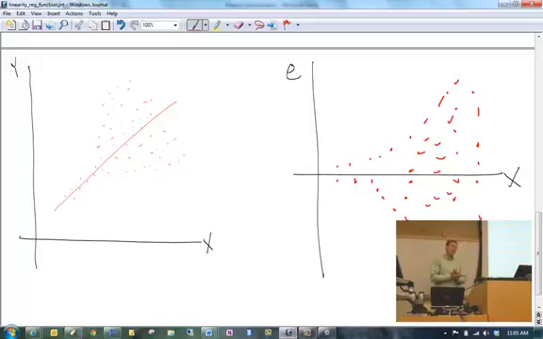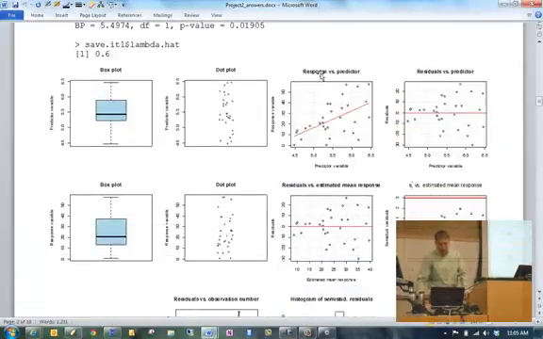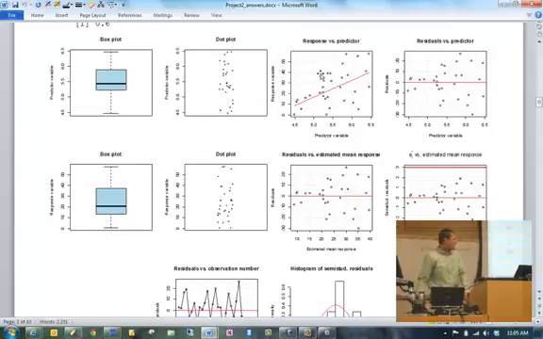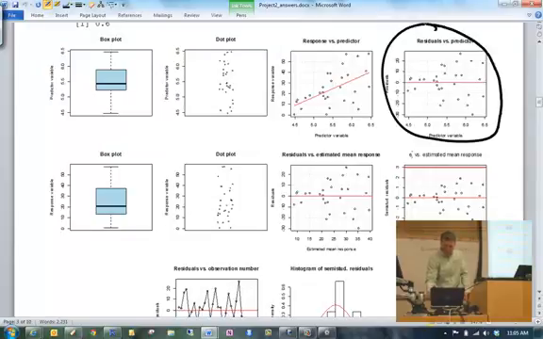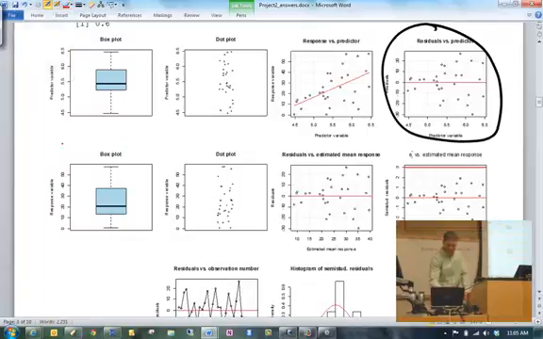That's the problem. So, with that as background then, now in the project, we're looking at this particular plot to examine linearity. Do we have a problem with the linearity of x here?